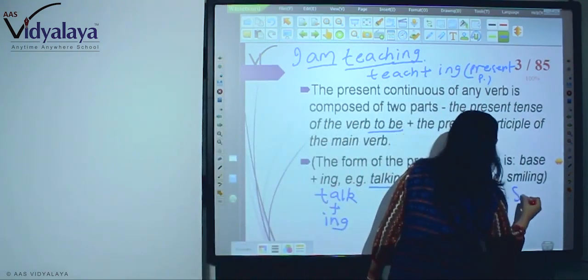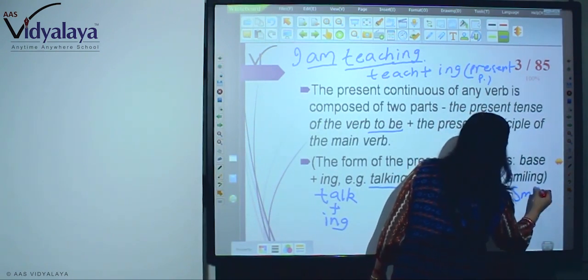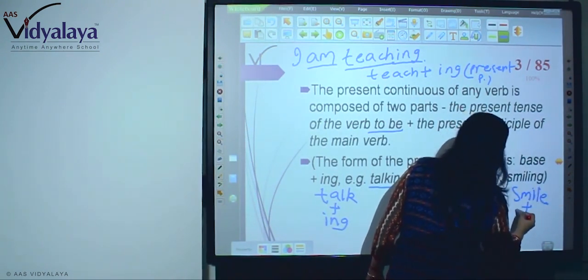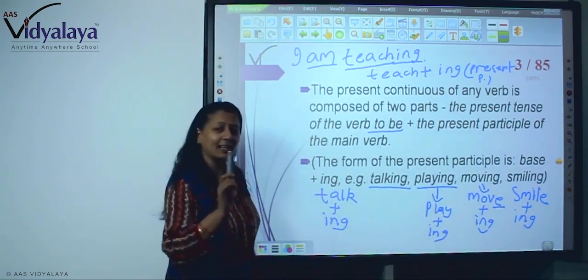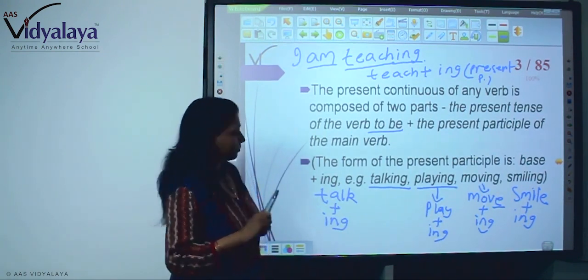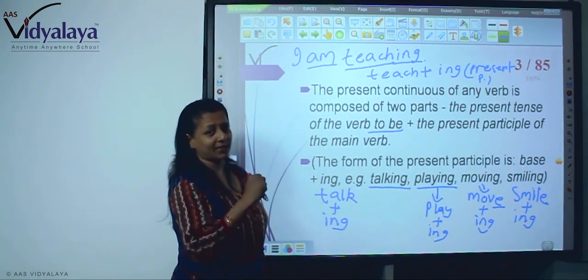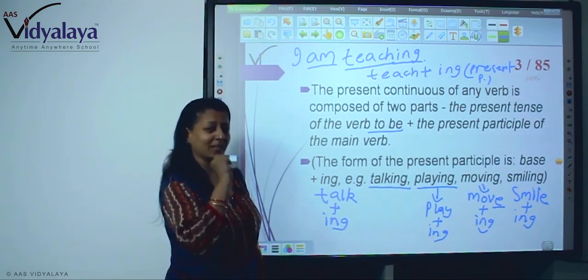The base verb is S-M-I-L-E plus ing. But when you write smiling, it is S-M-I-L-I-N-G. E is omitted. Here you have seen two variations, and when you go through the spellings of English words, you will find many variations.